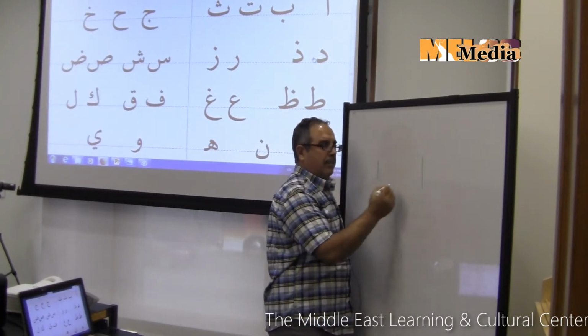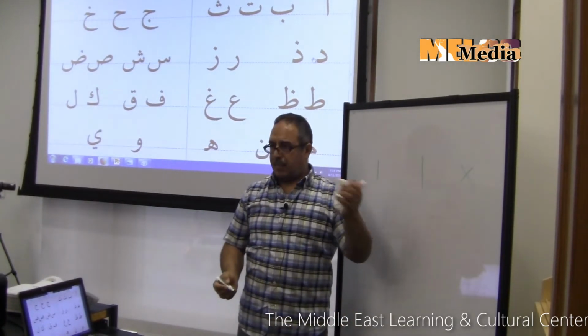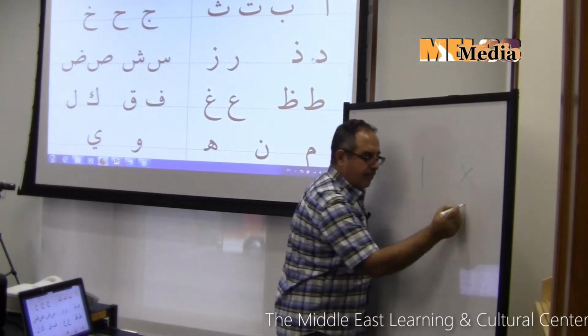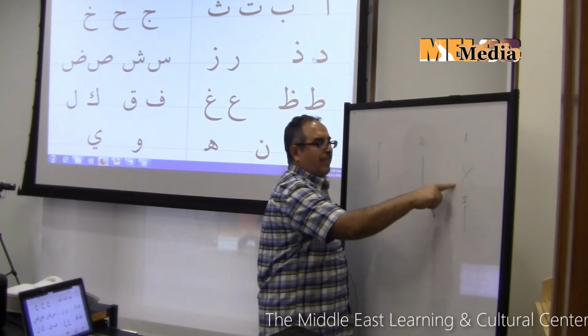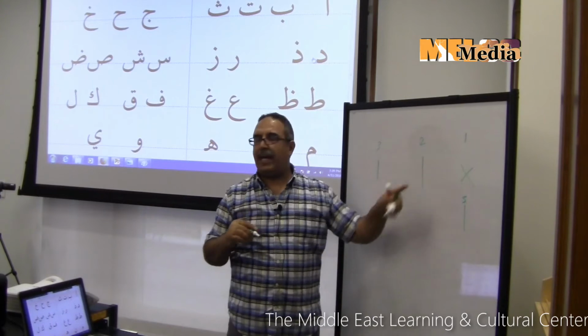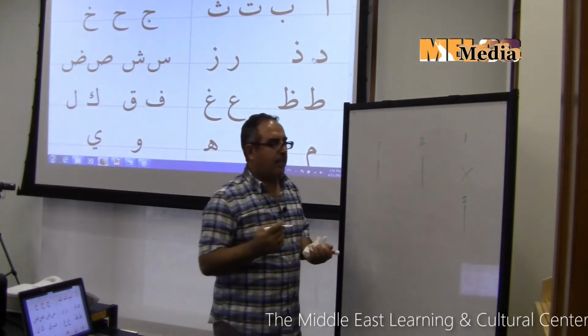If you find it at the beginning, it is Hamza. At the beginning of the word, normally there is no Alif by itself. If you see Alif, it is Hamza, and you pronounce it as Hamza.